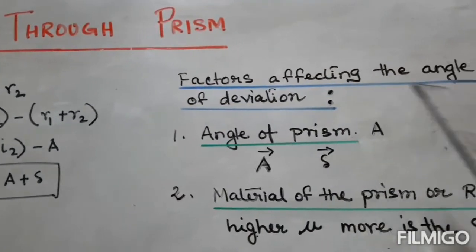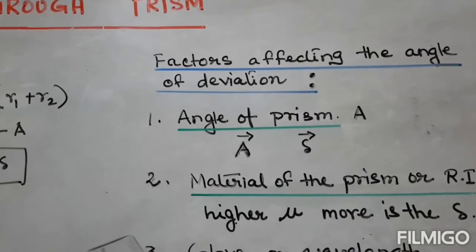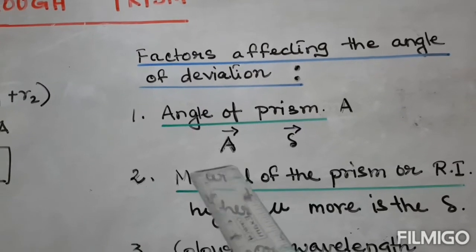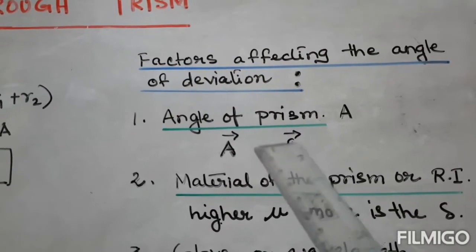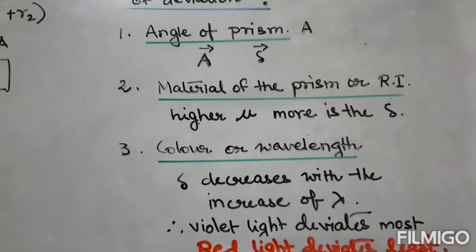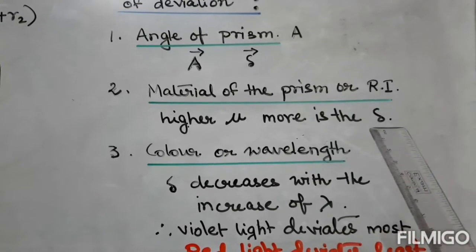From here we get the factors. The first factor, angle of the prism A. With the increase of the angle of the prism, we found that the angle of deviation also increases. Next factor, material of the prism or the refractive index.